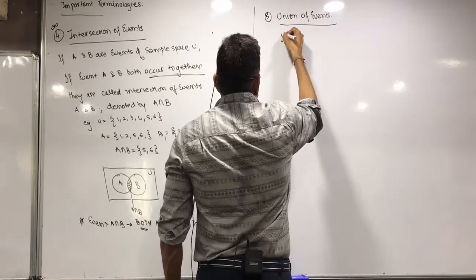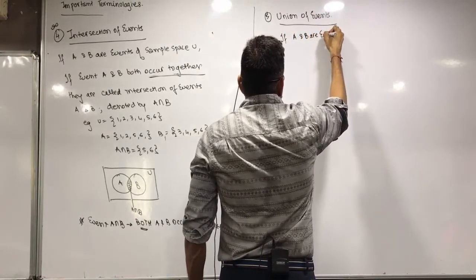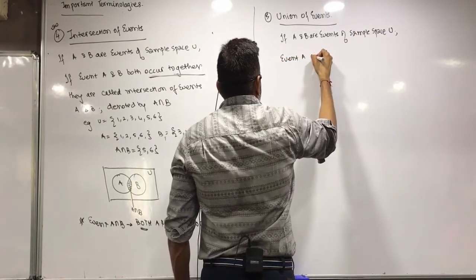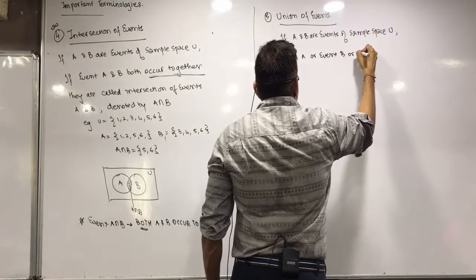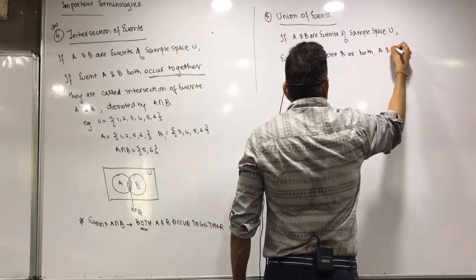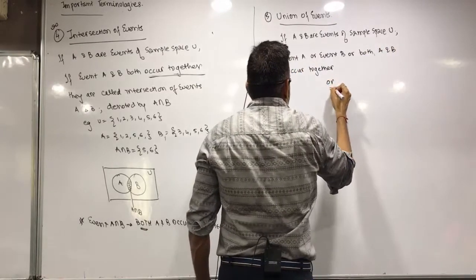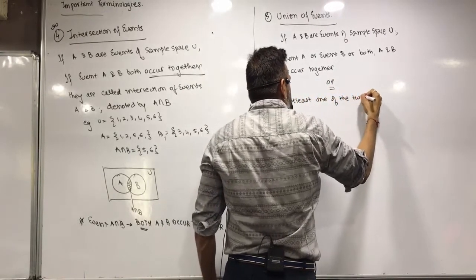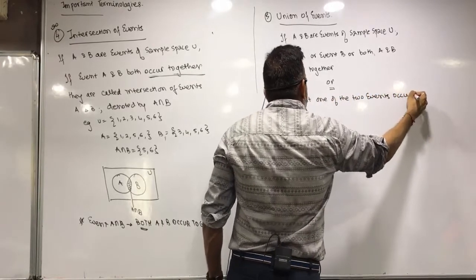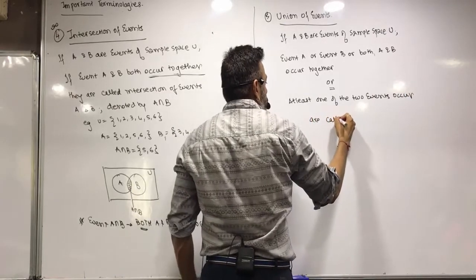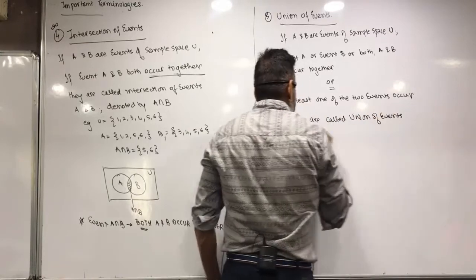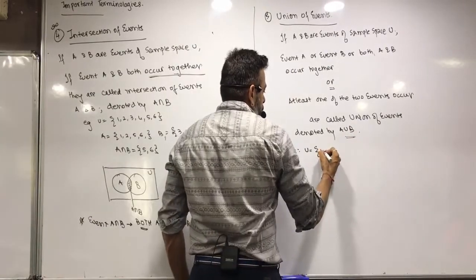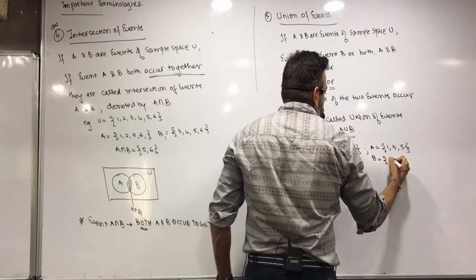Union of events. If A and B are events of sample space U, event A or event B or both A and B occur together, or at least one of the two events occur, are called union of events, denoted by A union B. Example, U is equal to, A is equal to, B is equal to.